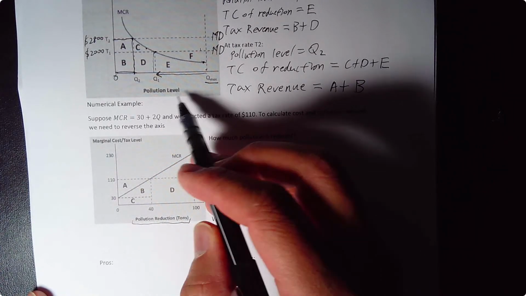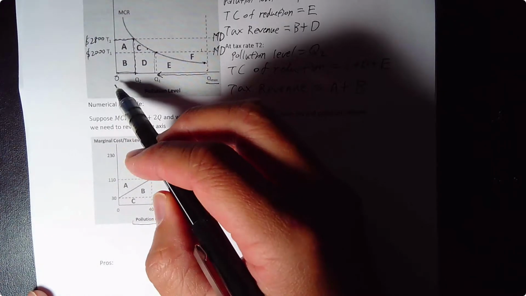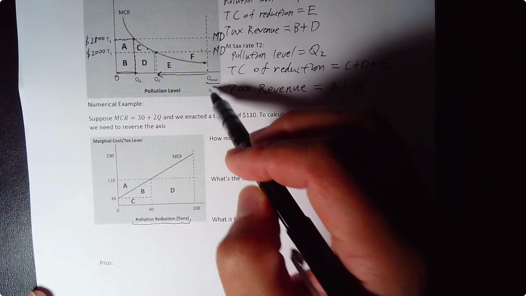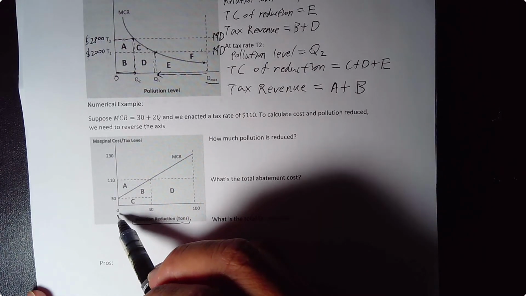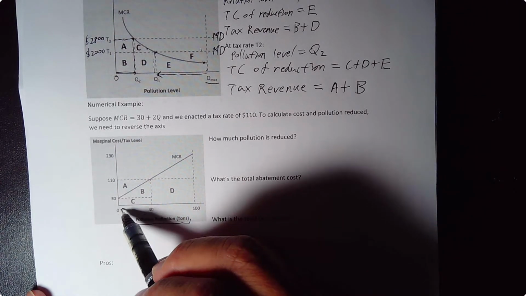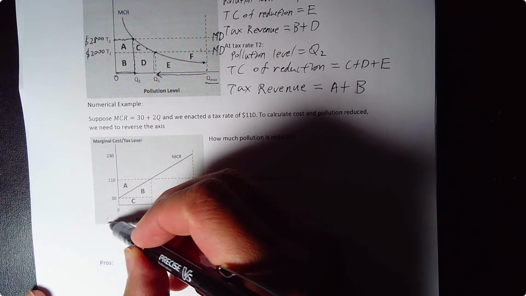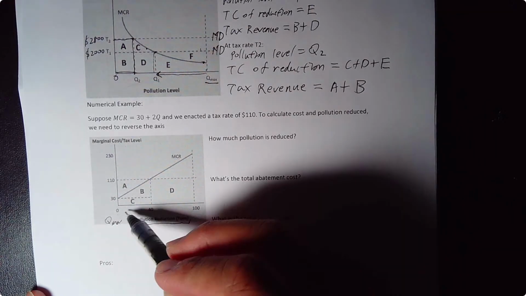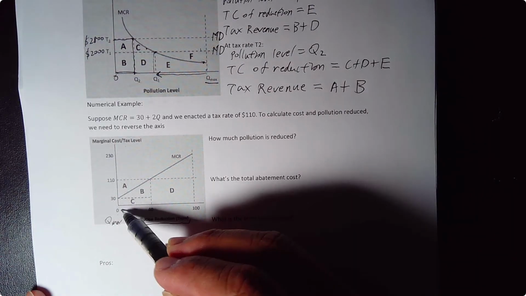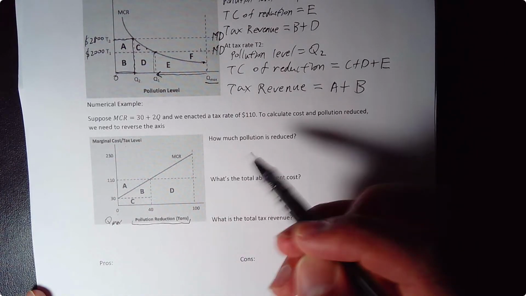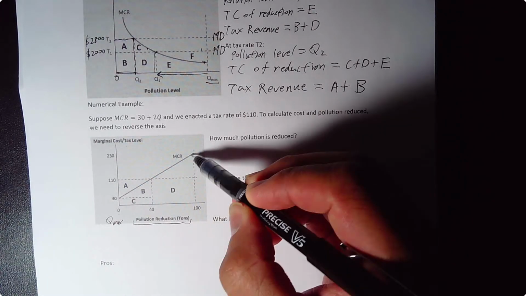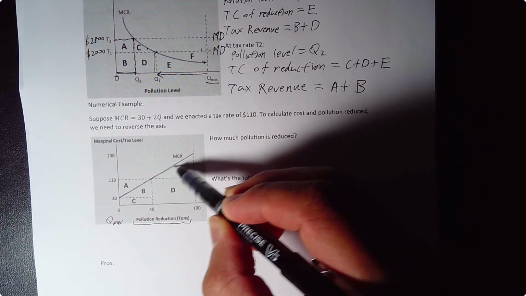Here we're starting at 0 reduction, so here is really Q max. As we go from left to right, we are reducing more and more pollution. The reason we're doing this is to make the math a little bit easier. We are drawing a marginal cost curve going up this way.